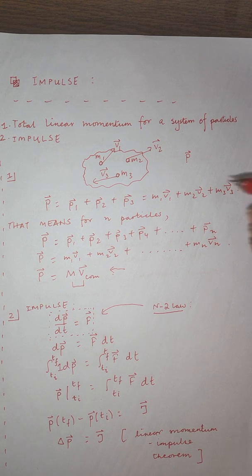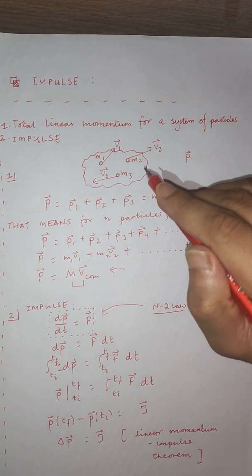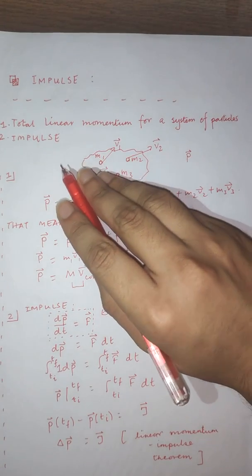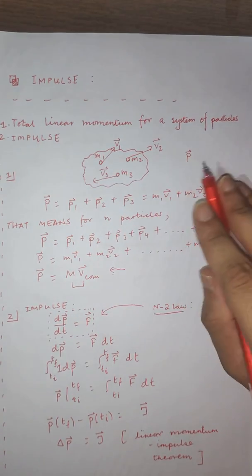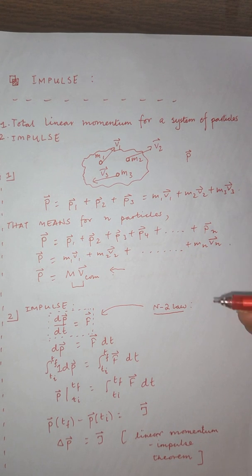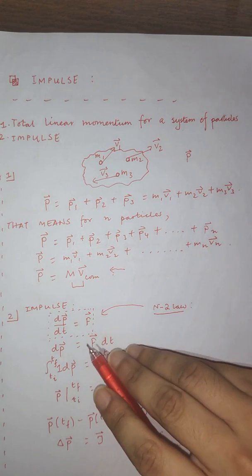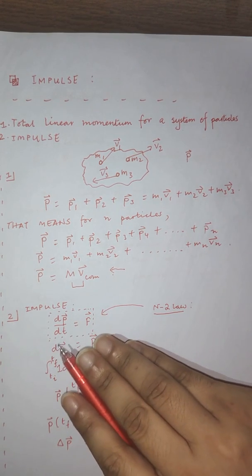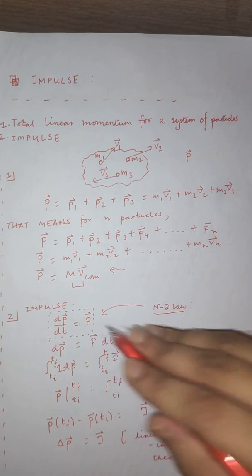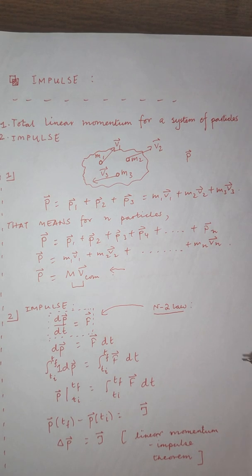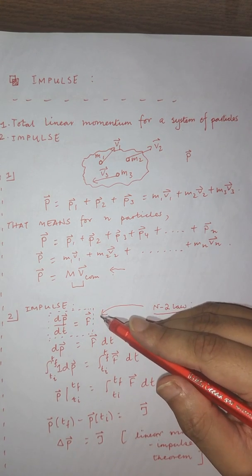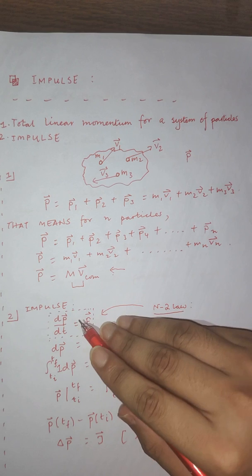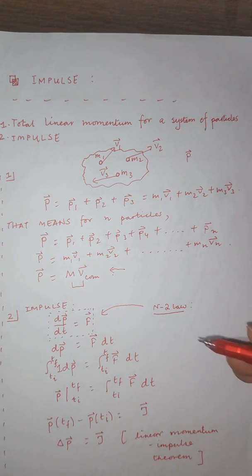At first, I started with the concept of total linear momentum for a system of particles, and then I just elaborated on what we mean by impulse in plain words and what we understand by this term impulse mathematically.